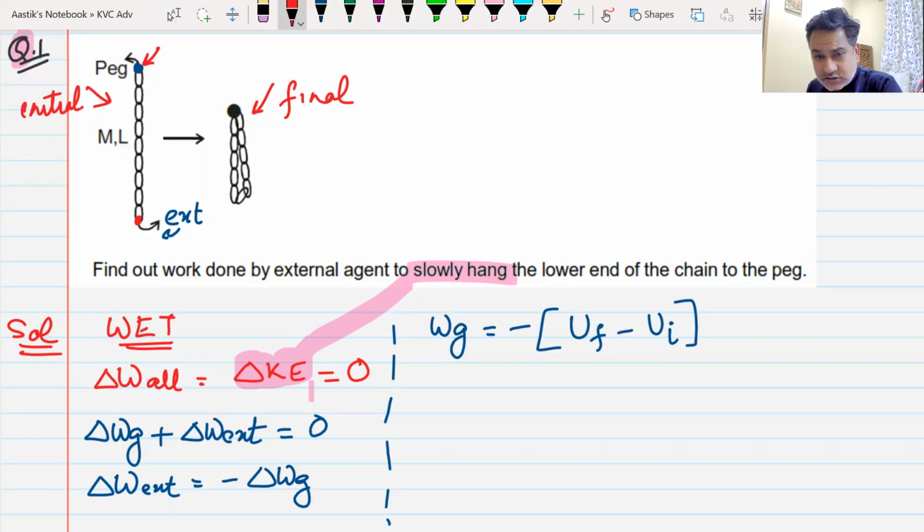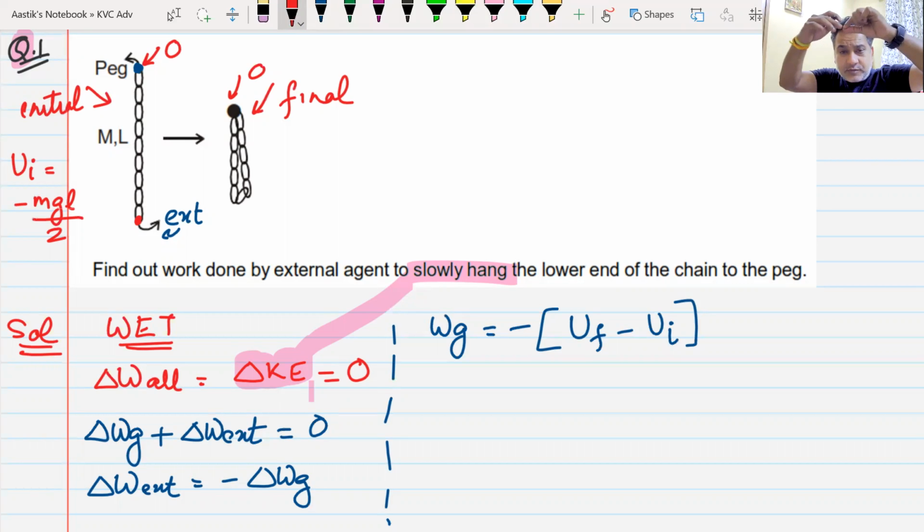Now what is the energy in the initial position? If I take this point as 0, because this point is same for both of them, what is the initial energy, Ui? It will be minus mg into L by 2. And why minus? Because I've taken the topmost point as 0, so everything is negative.